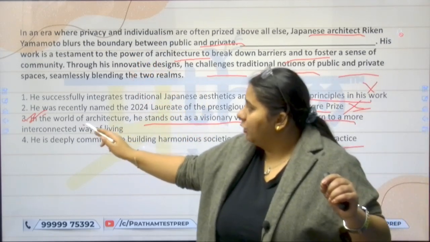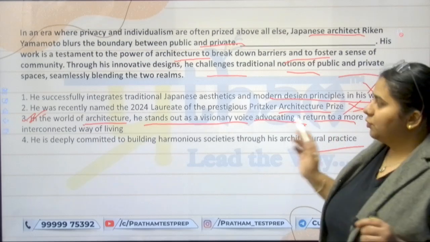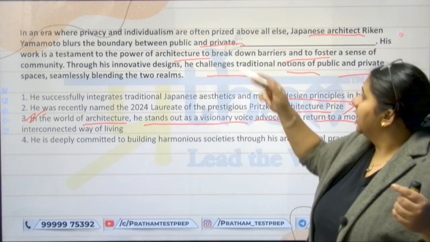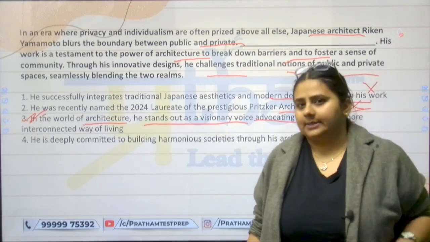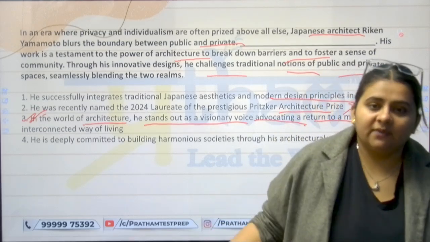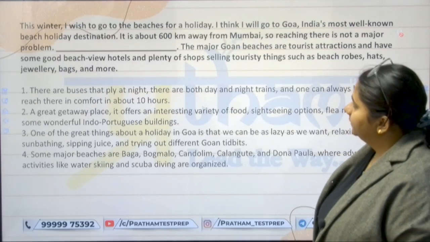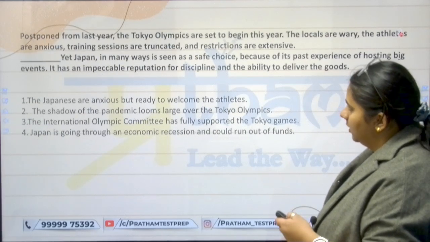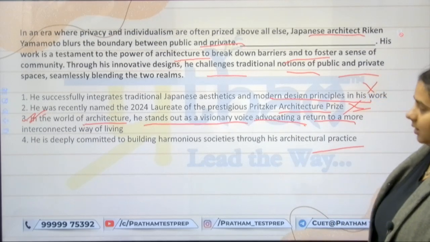Now in the world of architecture, he stands out, advocating a return to a more interconnected way of living, and his architecture is an example of it. Fits very nicely with his work and his creativity and him being very outstanding. Now, did we do the previous one? We did. Okay, the second one we did.